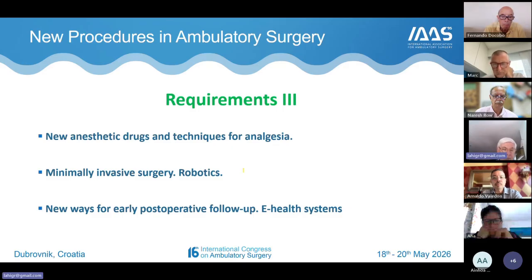Obviously, minimally invasive surgery favors the process. The role of robotics in ambulatory surgery will increase. And we will have new ways for early postoperative follow-up: telemedicine and e-health systems.